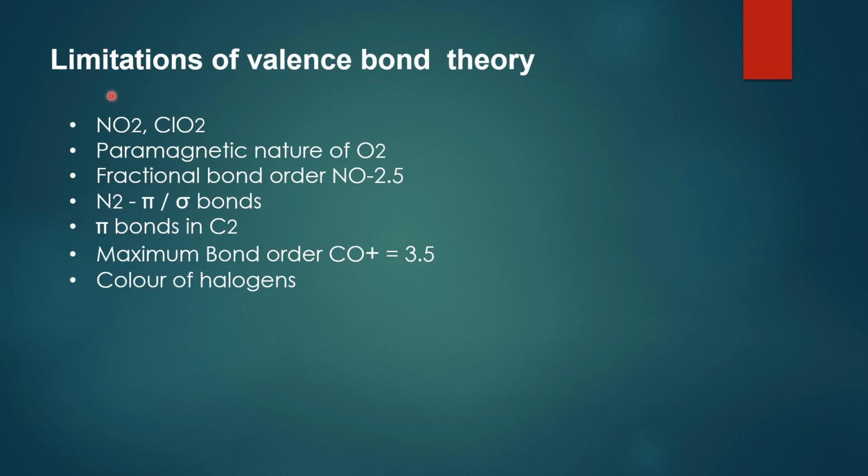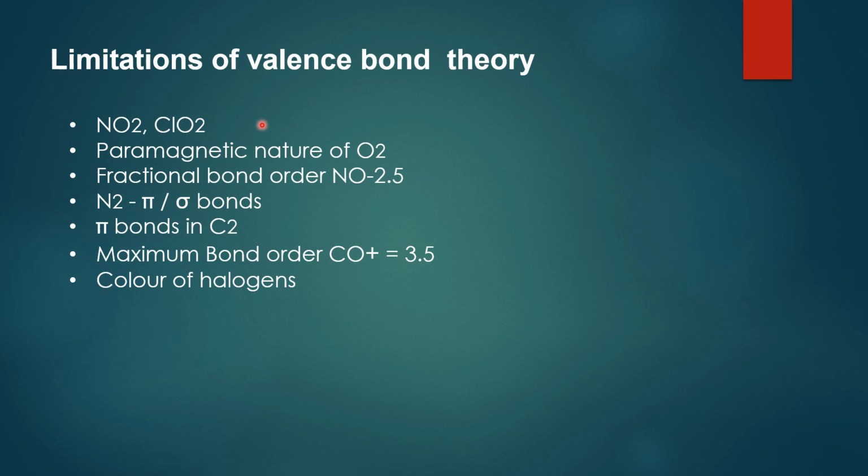Coming to the next limitation, valence bond theory is unable to explain the paramagnetic nature of oxygen. What do you mean by paramagnetism? We have heard three terms, right? Diamagnetism, paramagnetism, ferromagnetism. If you keep any substance or species in a magnetic field, some substances are strongly attracted towards the magnetic field, but some strongly repel it. If a substance is strongly attracted towards the magnetic field, then it is a ferromagnetic substance.